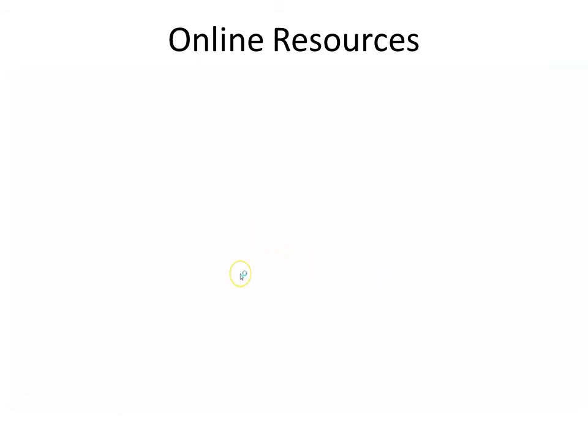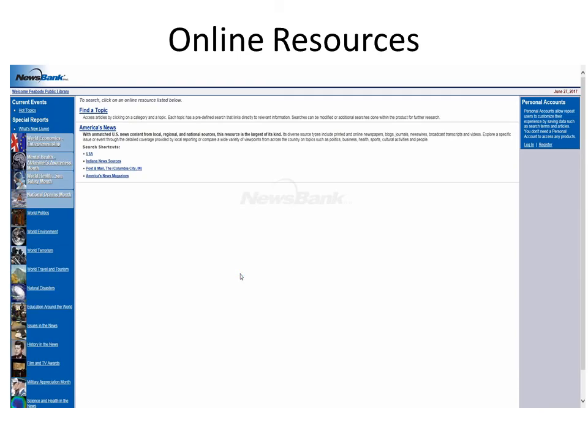Newsbank. Newsbank offers you different types of newspapers from all over. Here at the library with our subscription, we actually have 3 newspapers, or 4 of them, I do apologize, that we actually subscribe to. So the USA, Indiana Post and Mail is our daily, and American New Magazine.